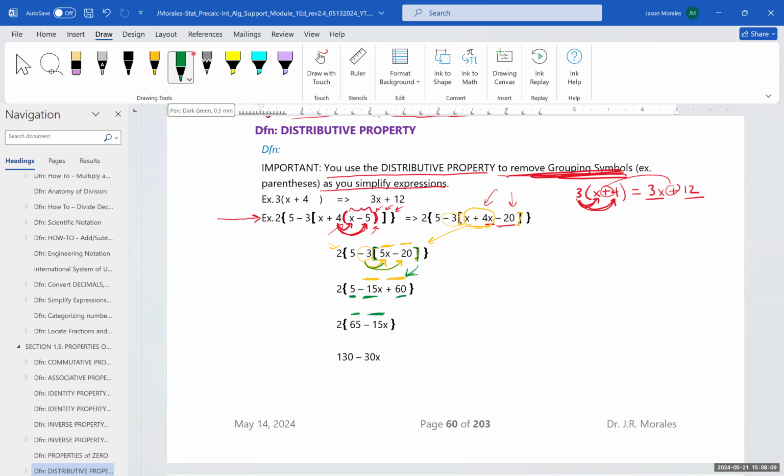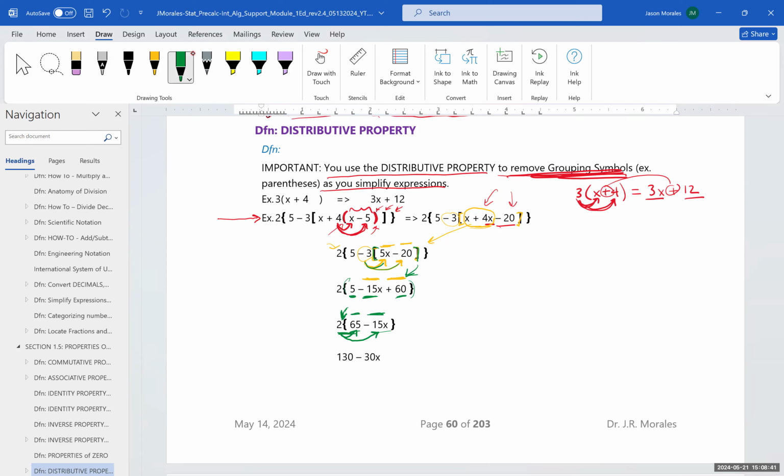So we've done as much as we can inside these two braces. Inside these two braces, we've got 65 and -15x. Well, we can't combine those because they're not like terms, but we can use the distributive property and multiply the 2 by both terms inside that brace. Notice here that we've got juxtaposition going on, and that's what's telling us that we've got multiplication here.